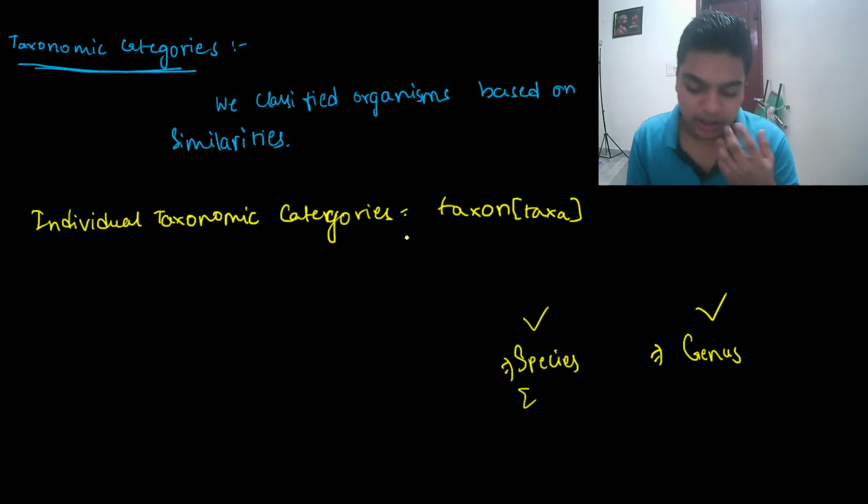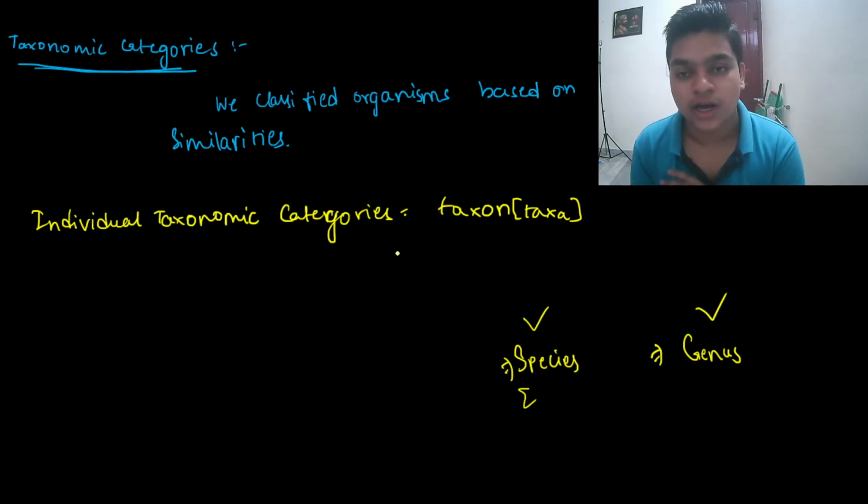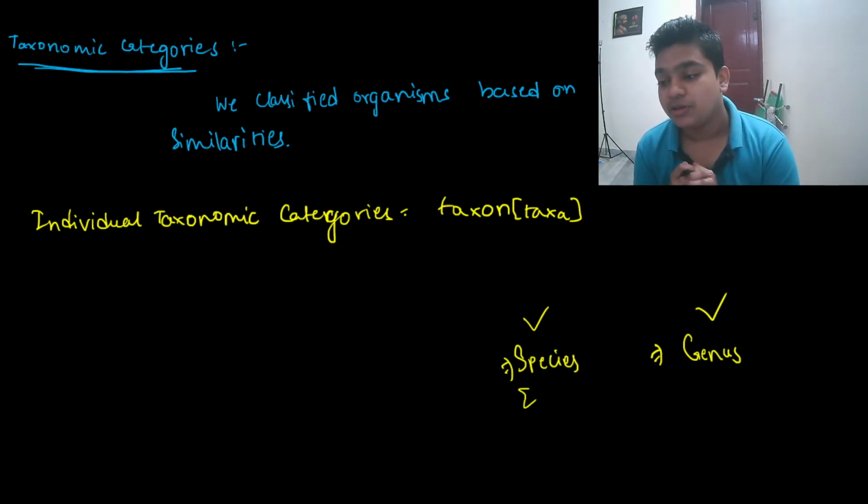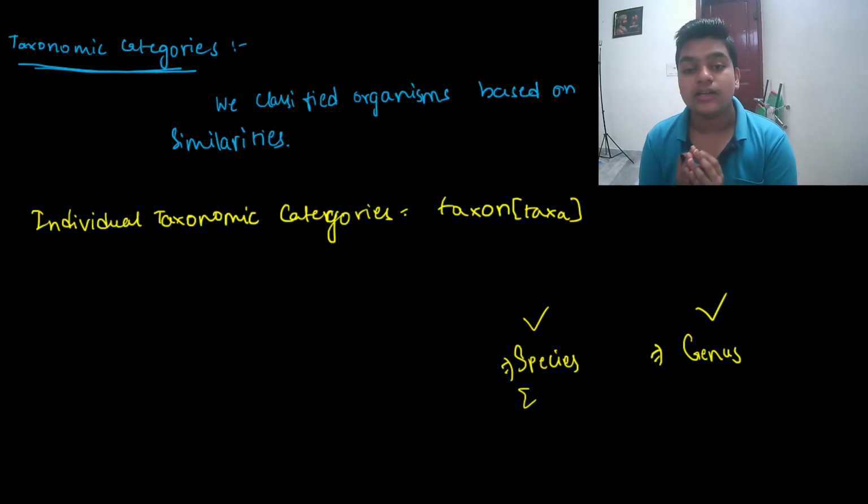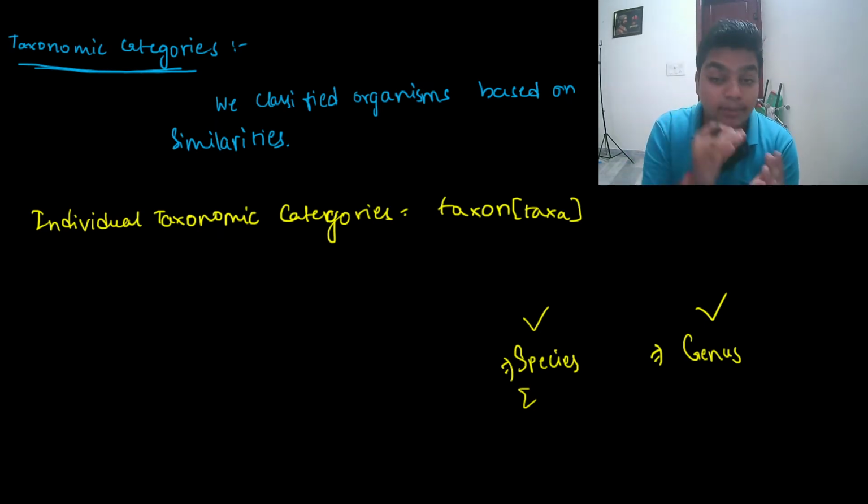From this you can conclude that every step in the taxonomic hierarchy is a taxon, or a taxonomic category. Now, what is taxonomic hierarchy? It is the sequence in which we classify organisms from the basic unit to the higher units.